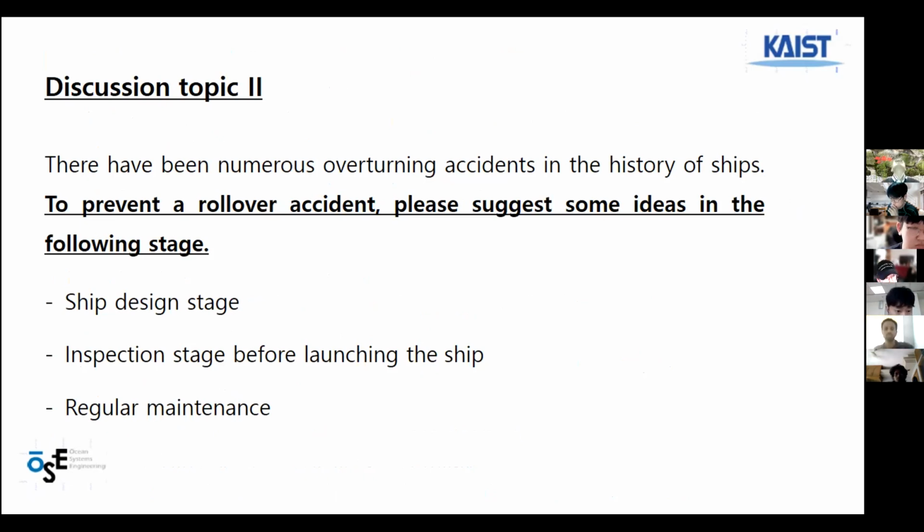First, the ship's design stage, second, the inspection stage before launching the ship, and finally, regular maintenance, usually by the operating company. So please suggest some ideas for each step.